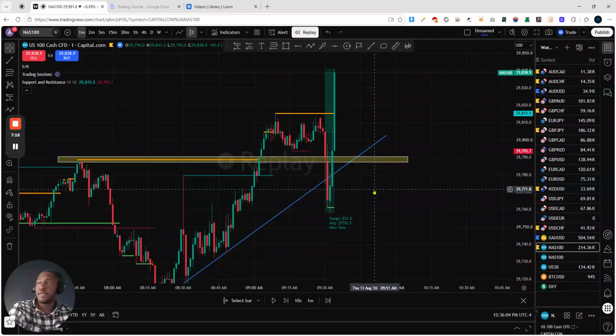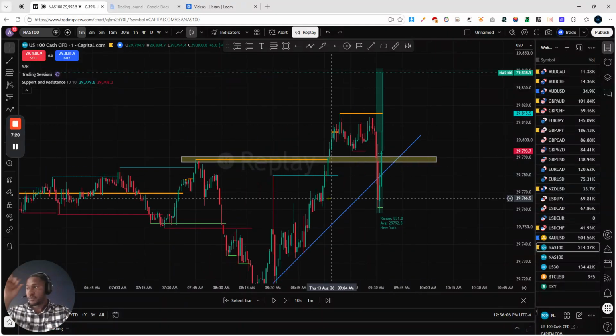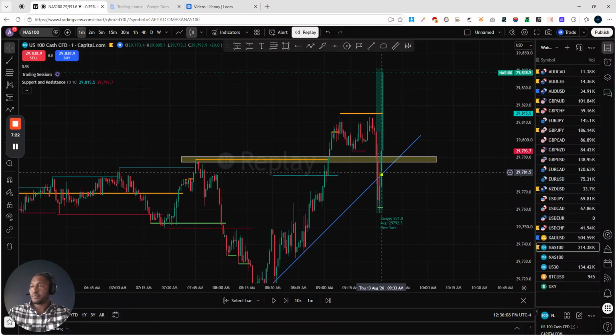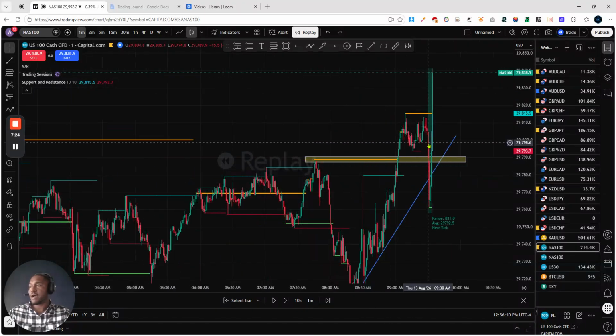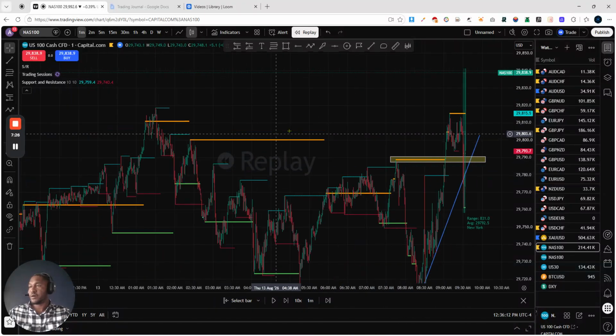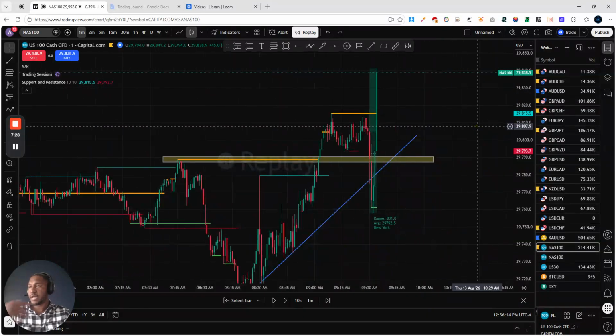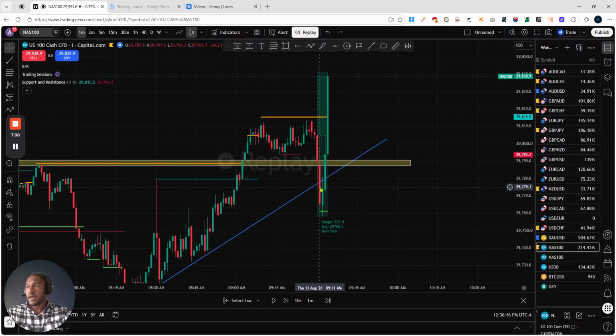So once something like this happens, we came down here and we broke back up. We just made a higher high. We just broke this zone, right? So once this happens, I'm going to wait for this candle to close a little bit.